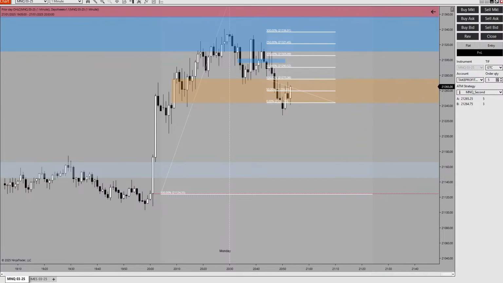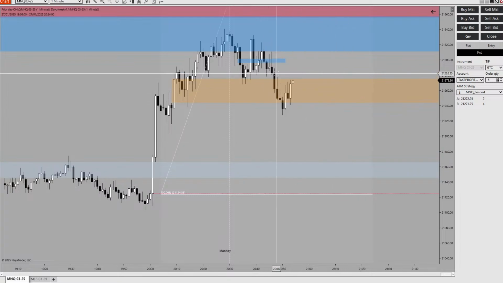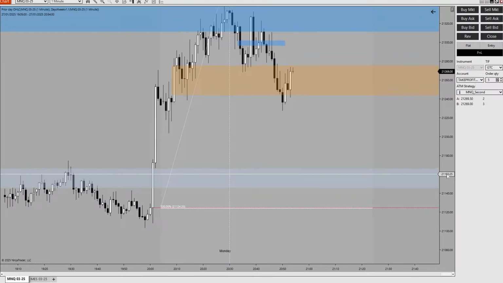Now watch this imbalance. This is where the price is looking to go up into. Like I said, if the price closes above that midpoint, it can go into this imbalance. So it was better to get stopped out here.